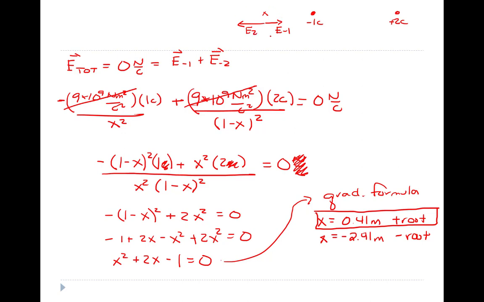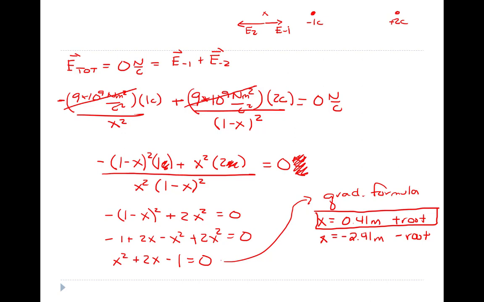And so there would be a point over here to the left of the negative 1 coulomb charge where potentially you could get the field equal to 0. That number of negative 2.41 meters is the location where the field goes to 0 if instead of having like charges, we had mismatched charges.